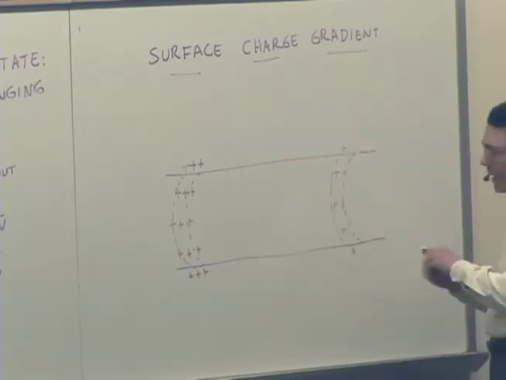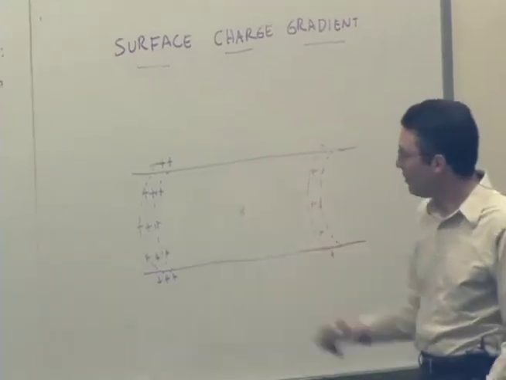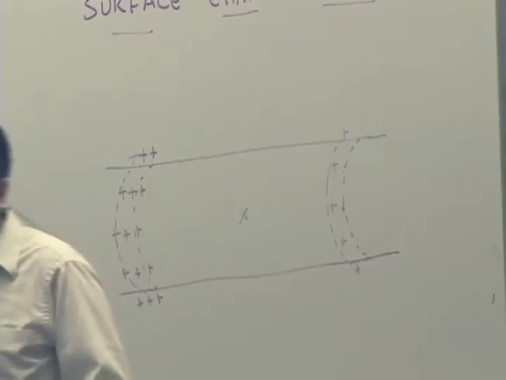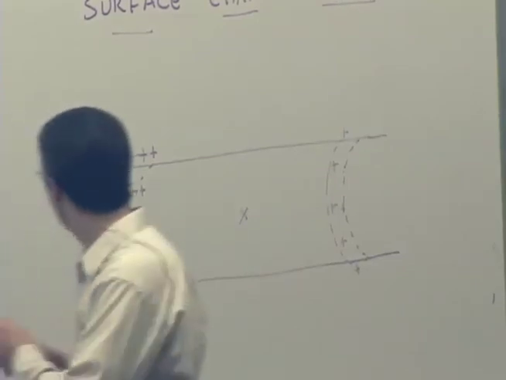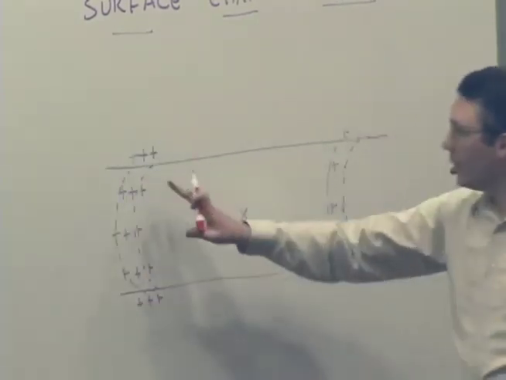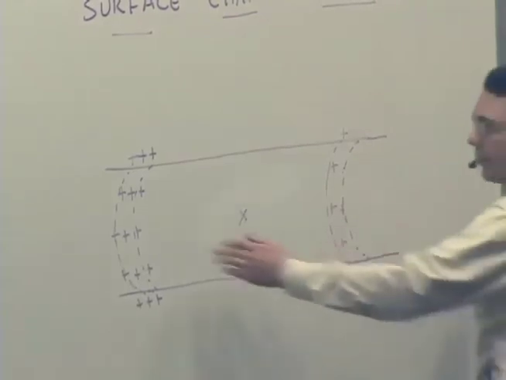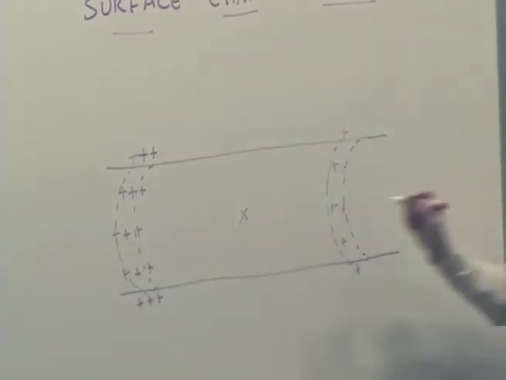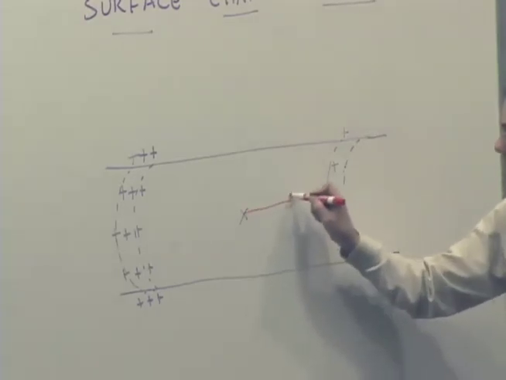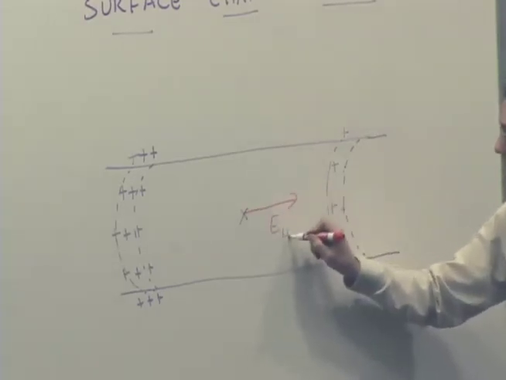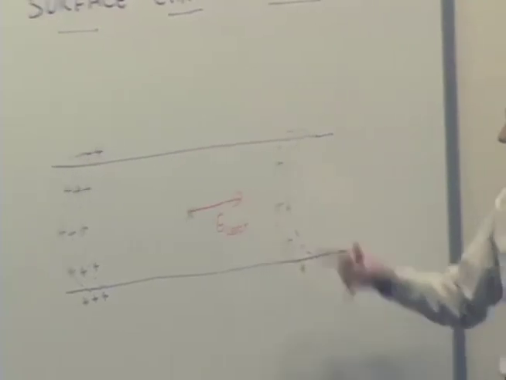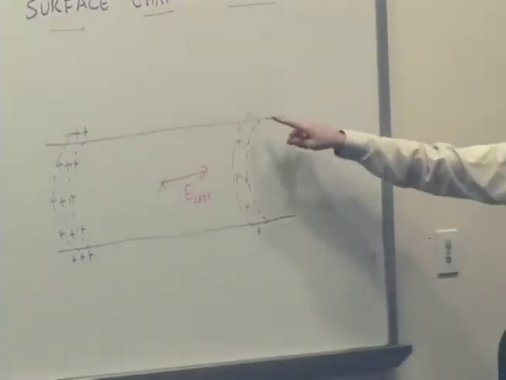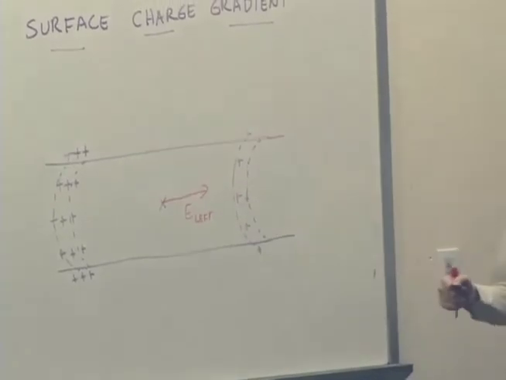Well, if I were looking at a point halfway in between both of them, and I wanted to draw the electric field due to the ring on the left side, that electric field would be pointing in what direction? Pointing that way, right? Pointing away from that positive charge. Let's say E due to the left. The electric field due to the charged ring on this side would be pointing in what direction?